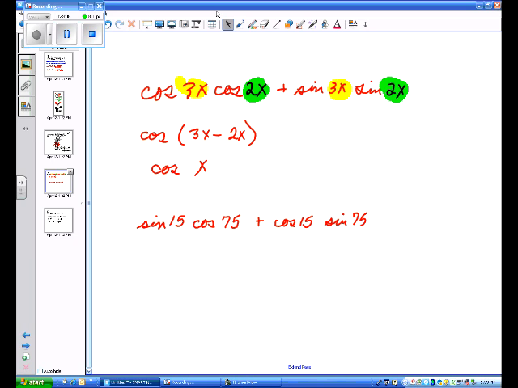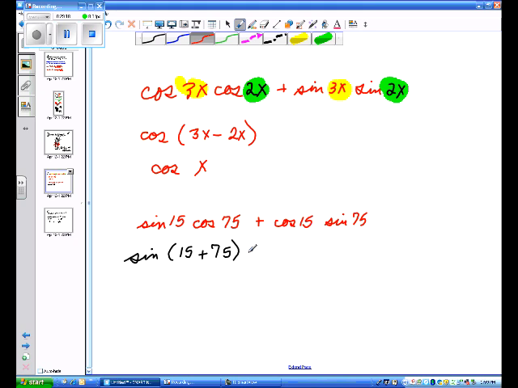So we can write this as the sine of 15 plus 75, which is the sine of 90, and we know that the sine of 90 is 1. So we've simplified that down to where we had the answer.